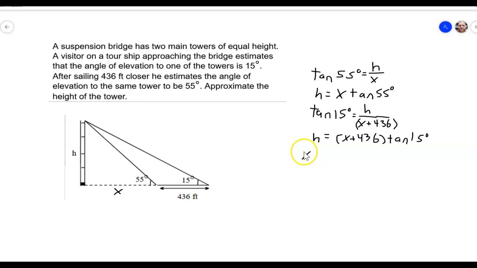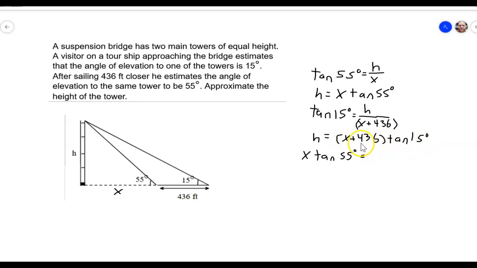So x tan of 55 degrees is equal to this equation here. And I'm going to go ahead and distribute this equation here.